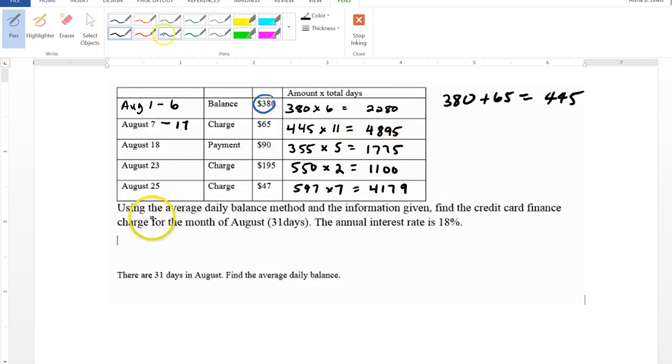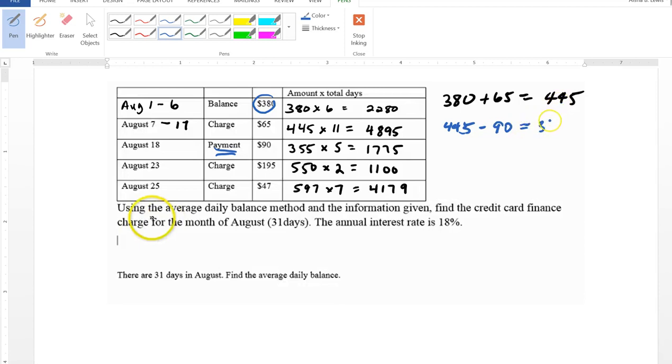On the next line, we have a payment of $90. So, since previously the amount was 445, we need to subtract $90 from that in order to get the amount.